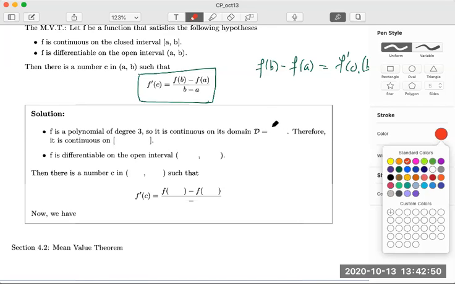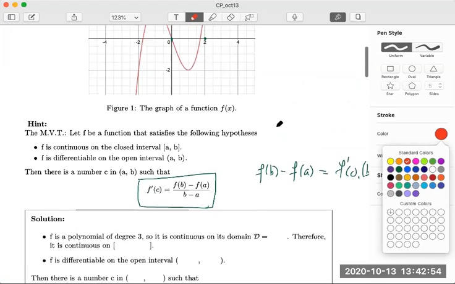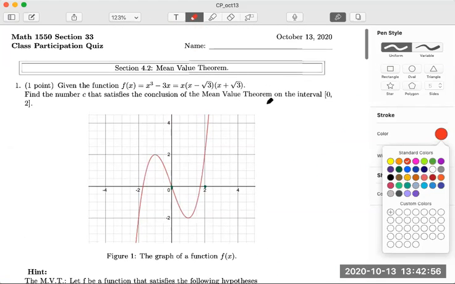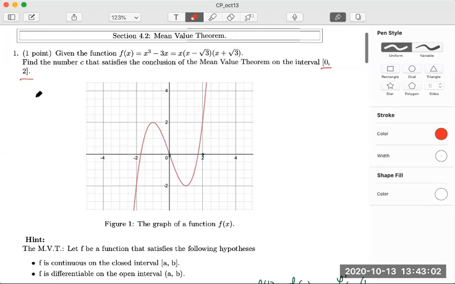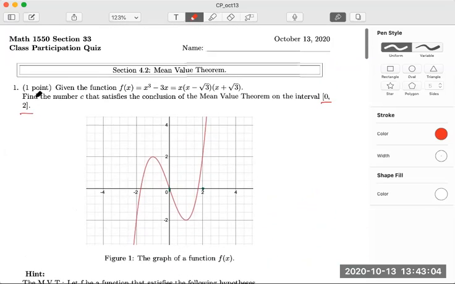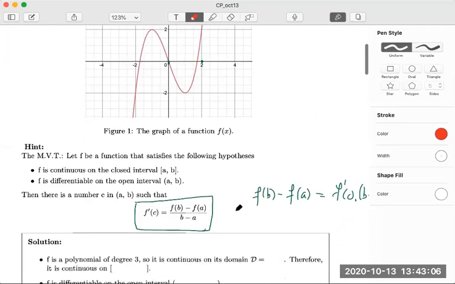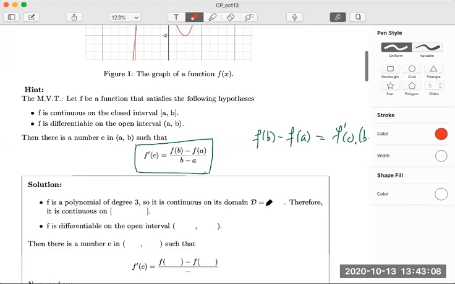Yes, it is correct. But in this question, the domain is from 0 to 2, right? Right here. So this is our domain, from 0 to 2.